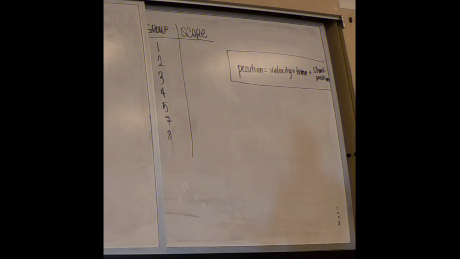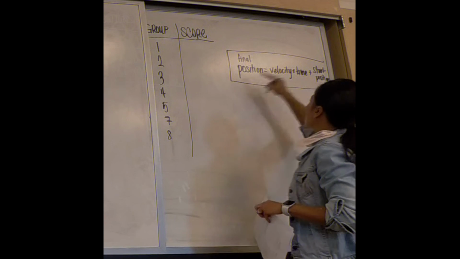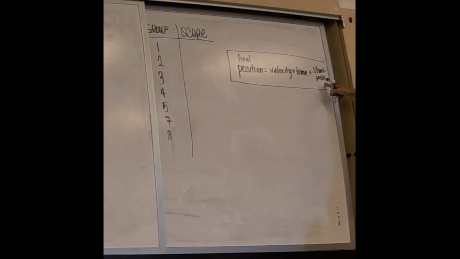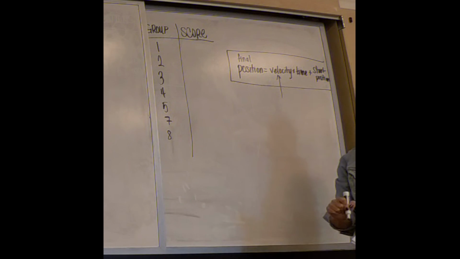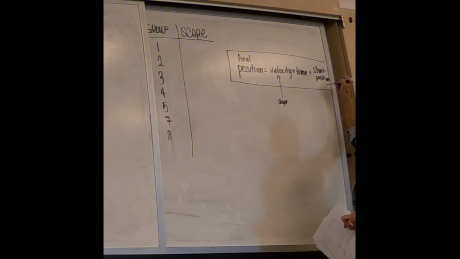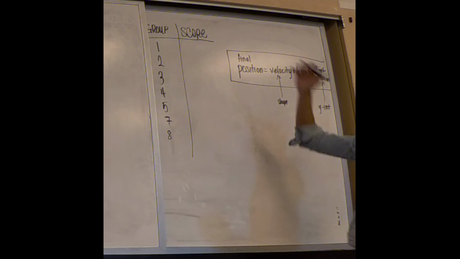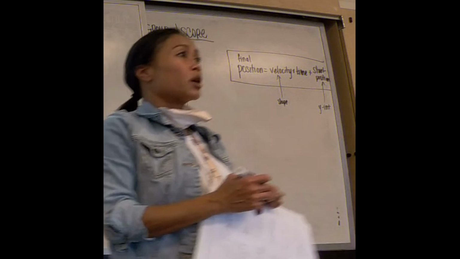Do you guys remember that? It should be final position equals velocity times time plus starting position. You are going to look at a graph, figure out the velocity, which is the slope, figure out the starting position, this is the y-intercept, and then they're going to tell you what the time would be and what the starting position would be, depending on what you have to solve for.